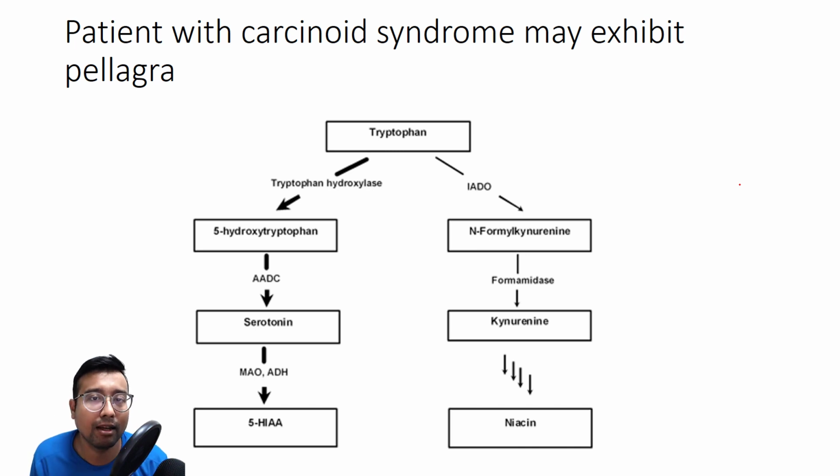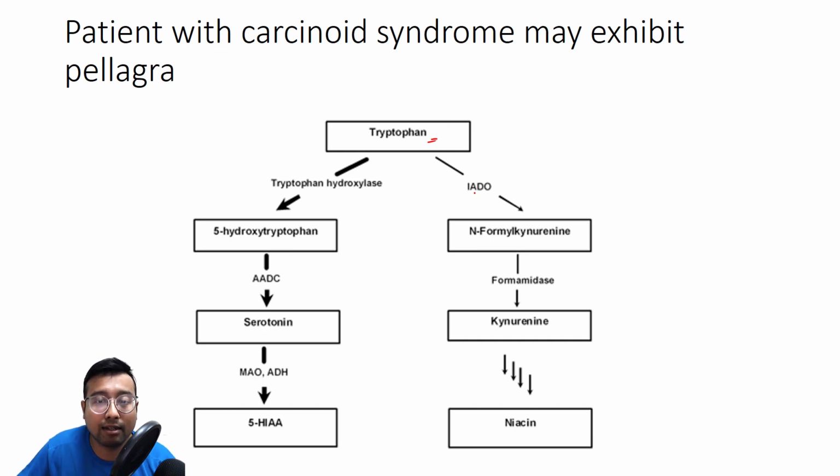What happens in case of carcinoid syndrome is, now you should notice that niacin can be directly consumed through diet, as vitamin B3, or it can be synthesized from its precursor, the amino acid tryptophan. It is a known thing that tryptophan is a precursor of niacin.